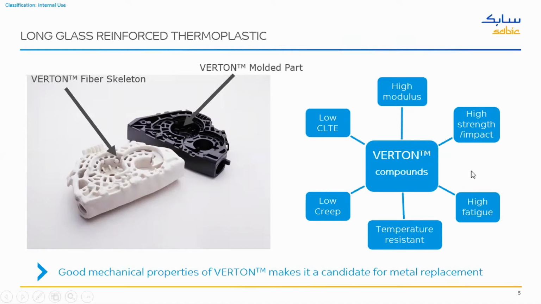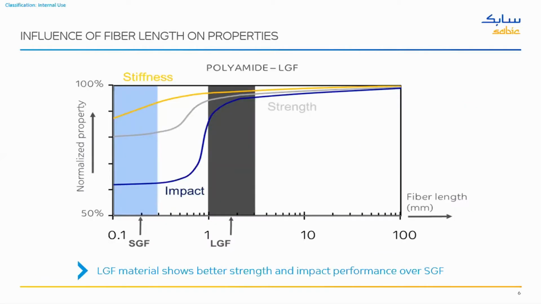So having good mechanical properties makes long glass fiber material a good candidate for metal replacement applications, mainly for lightweighting, which is one of the key drivers across the industries. Now, this is the graph where you will see the influence of fiber length on the properties. Here we are looking into the three main properties which are important in part design: stiffness, strength, and impact.